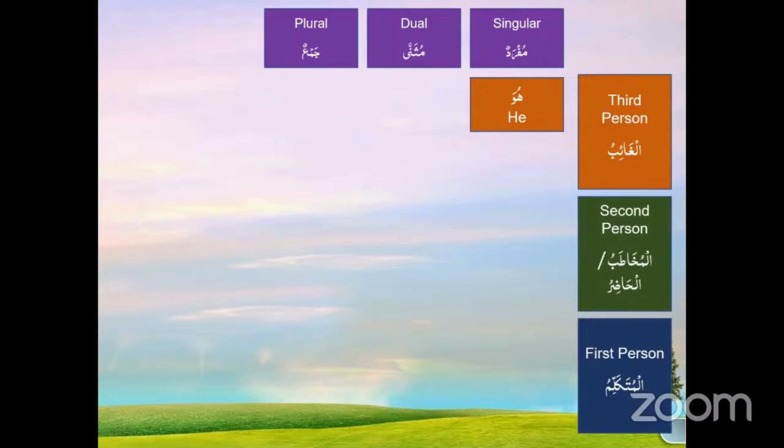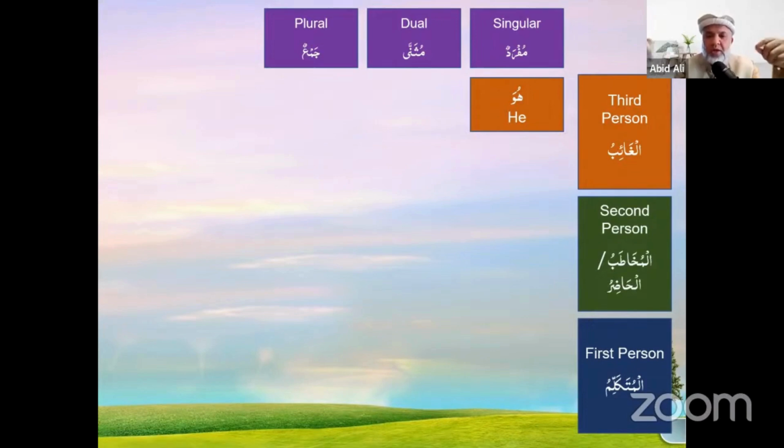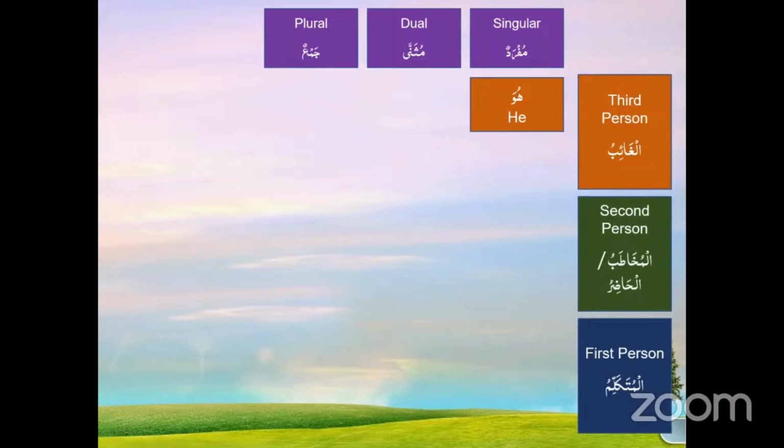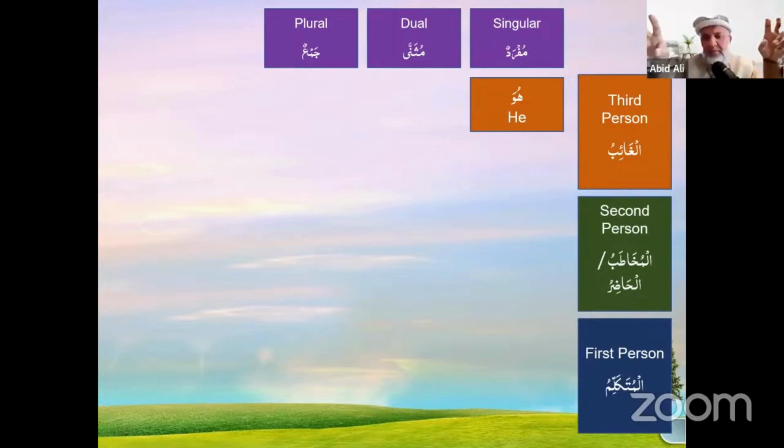So pronouns are the words which are used in place of a noun. Meaning, first you say the name and then you refer to them later on as he, she, it. In plain English, what do we know about pronouns? They're known as he, she, it. Now, when you say he, she, it, is it a third person? When you refer to somebody as he, she, it, what person are you referring to? Third person, right?